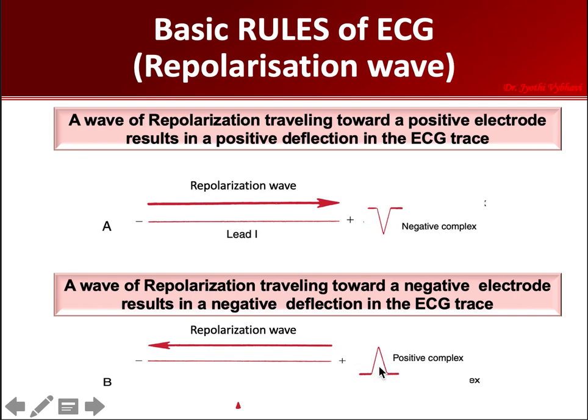Now coming to the repolarization wave. Repolarization is again the negativity of the cell being restored. So the repolarization wave is nothing but the negative wave. The cells are again becoming negative. When this negative wave is traveling towards a positive electrode, we get a negative complex, and when the repolarization wave is traveling towards a negative electrode, we get a positive complex or positive deflection.